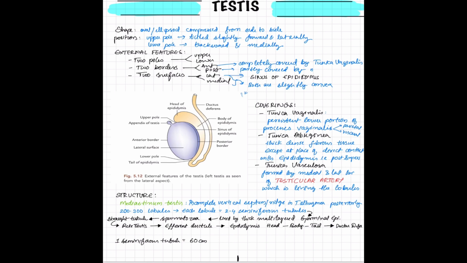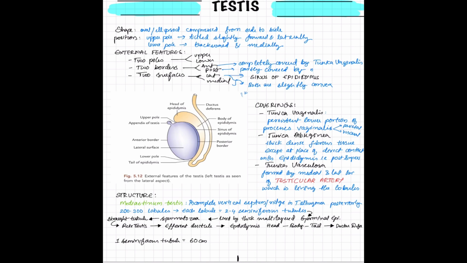So next is tunica albuginea. What is tunica albuginea? Tunica means covering. It is a thick and dense fibrous tissue, except at the place of direct contact with the epididymis.